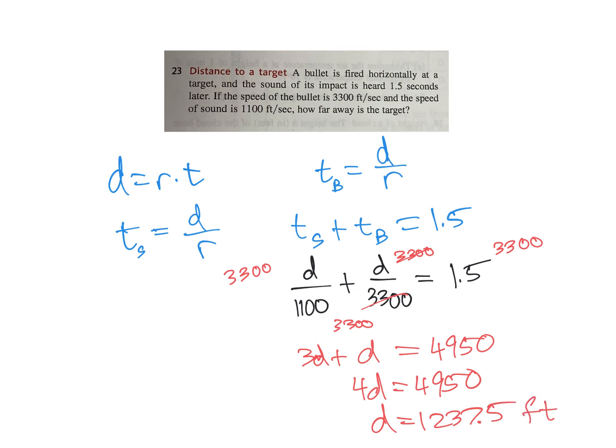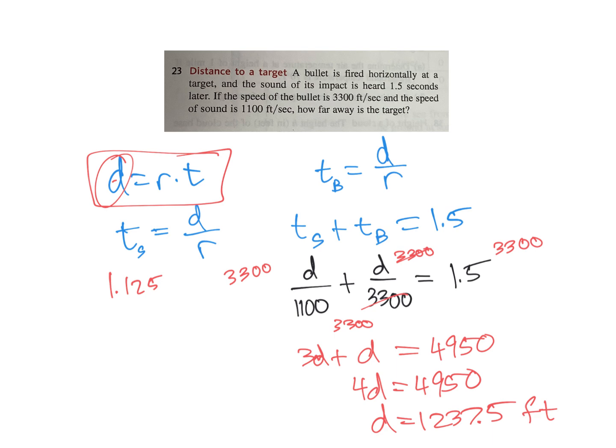All right, so if we were to actually put this together, we should get the same distances. So if you take 1,237.5 feet, that's your distance, right? If we divide by the rate of 1,100, that's 1,237.5 divided by 1,100, which is 1.125.